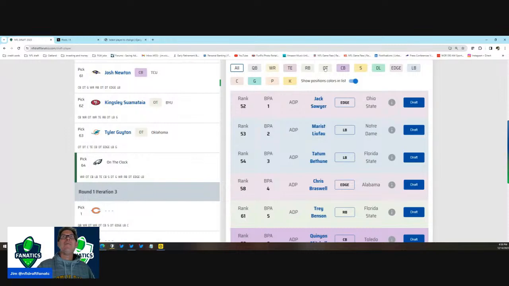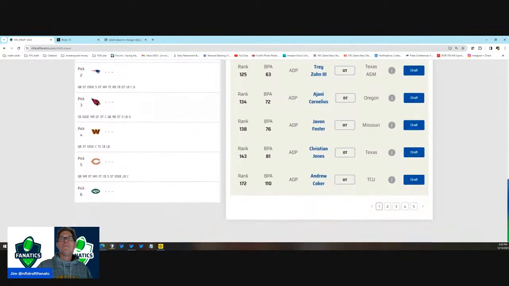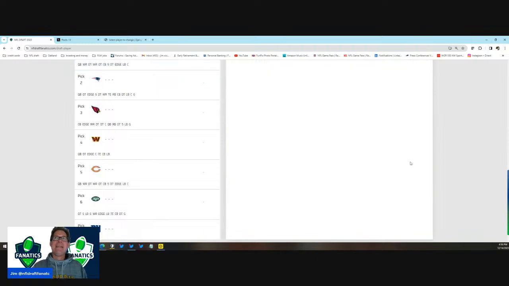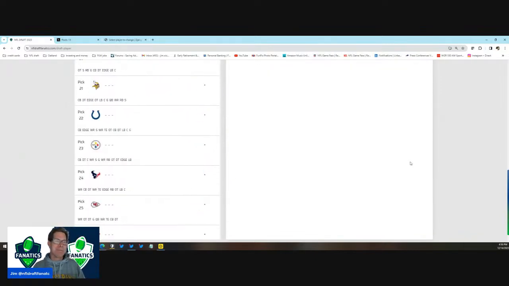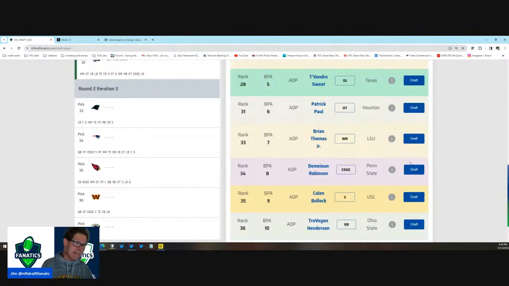Okay, and then offensive line. Here's a player from Yale that was just added. You're going to hear about this guy at the combine, Kieran Amagaji. People are going to love him at the combine. He was the last player on the draft card; he literally got added to the simulator yesterday.